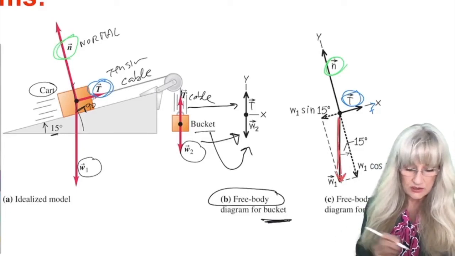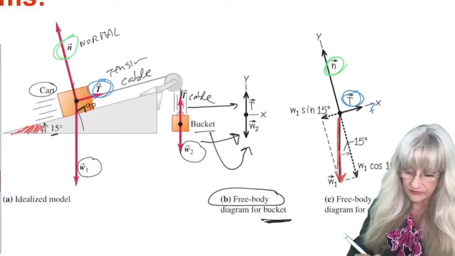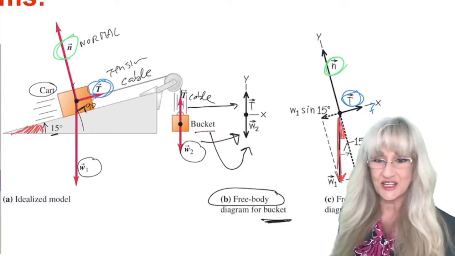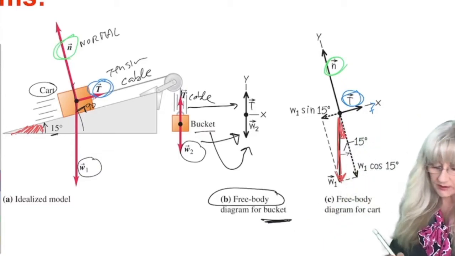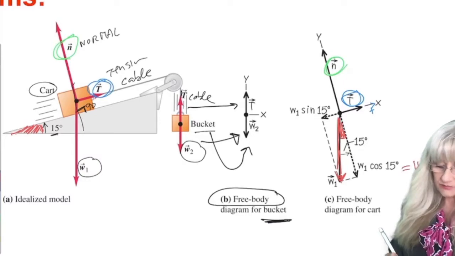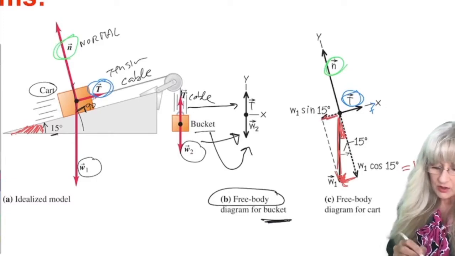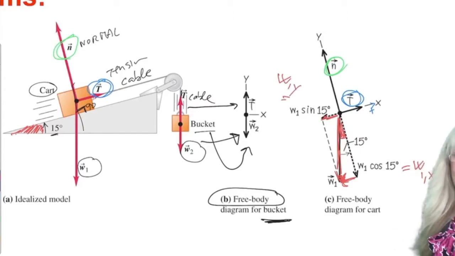You see this weight will have an angle of 15 because of this inclined plane angle of 15. So this angle will also be 15. So the weight, as you can see, will have components. This is weight 1 component X, and this one will be weight 1 component Y.